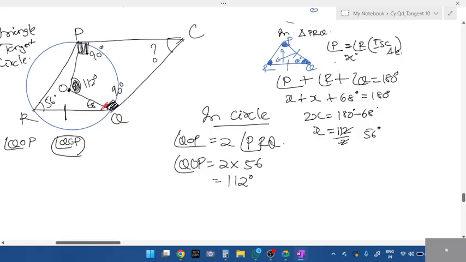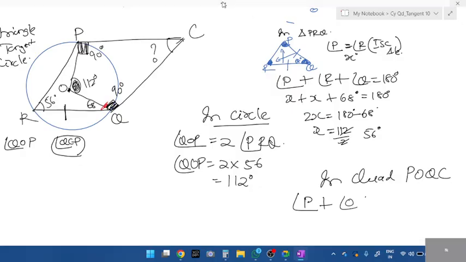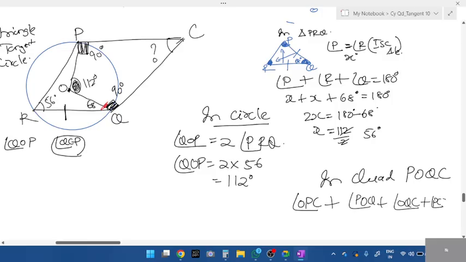In circle, in triangle, next, in quadrilateral POQC, angle P plus angle O. Don't write it like this, write it with full, all three alphabets, students. For P, you can write OPC plus angle POQ plus angle OQC plus angle PCQ.